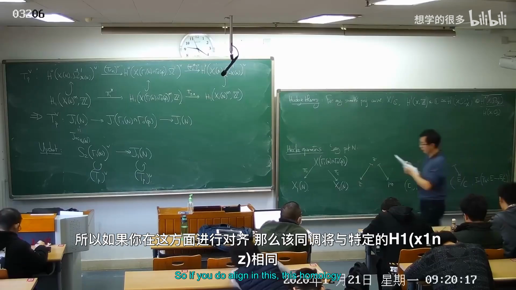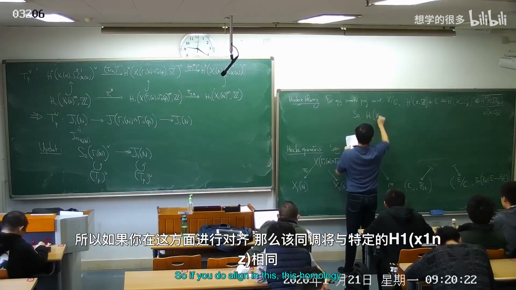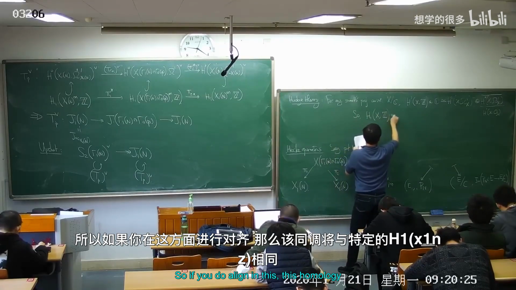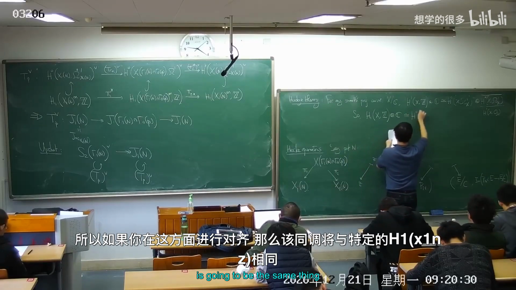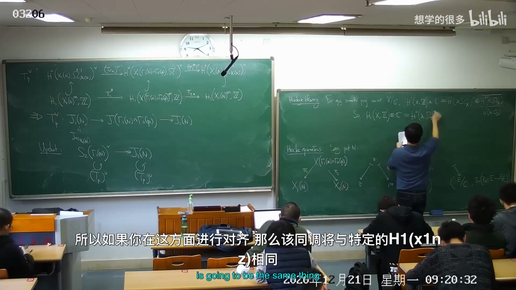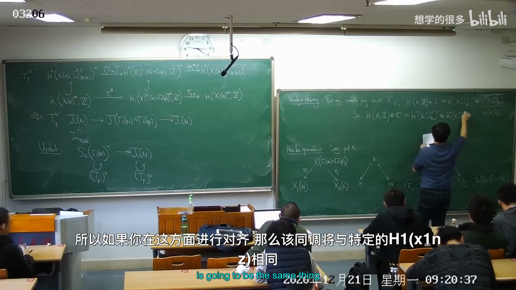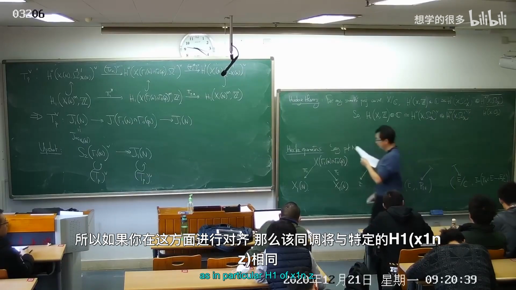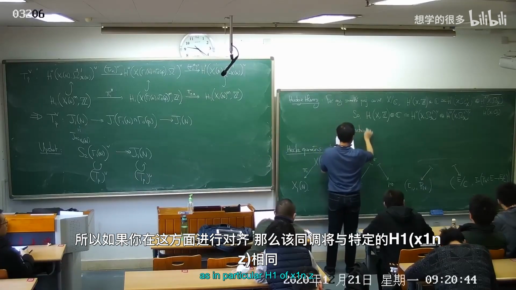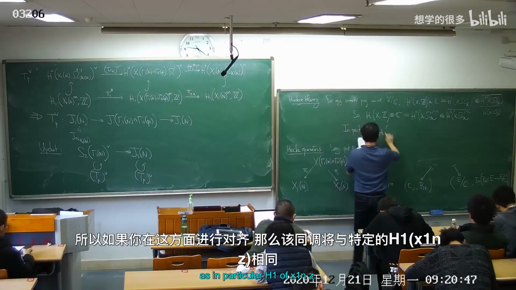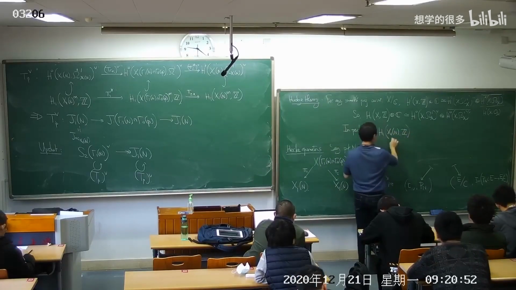So if you're dualizing this, this homology is going to be the same thing as, in particular, H1 of X1(N), Z. Did I say this is the same thing as H1 of the Jacobian?